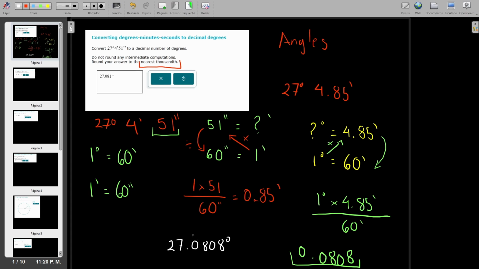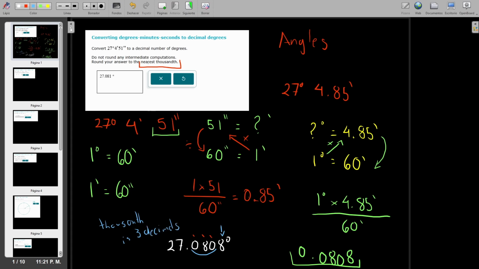Remember, this is a tenth, a hundredth, and a thousandth, meaning we need to round this value to have only 3 decimals.